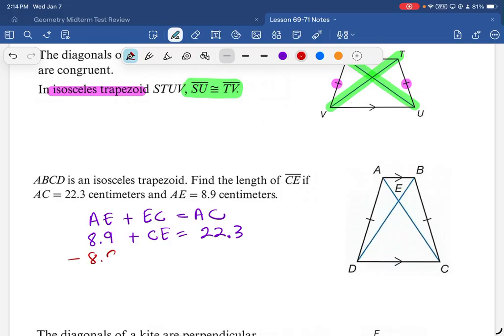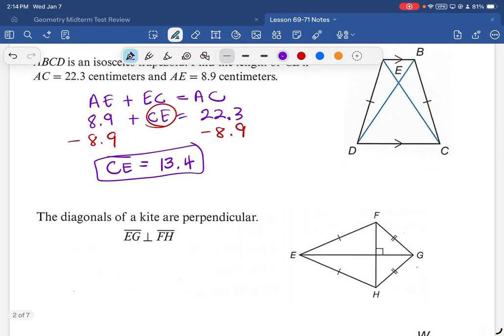We can take 8.9 from over here and move it over here so we can find CE. What'd y'all get? 13.4. Good job. Stop me if ever I lose you guys on any of this.